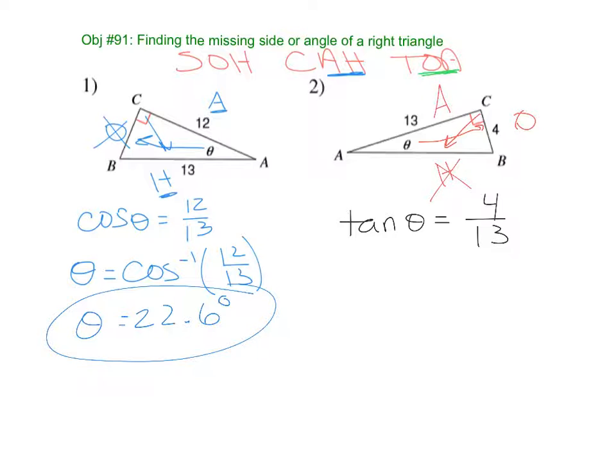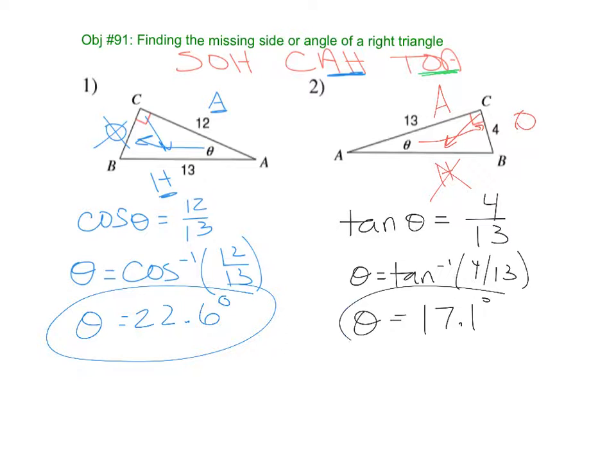Again, we're finding our angle, so we're going to use our inverse. Tan minus 1, 4 over 13. I'm going to plug that in the calculator, or you do this on Desmos. You can use the app. Second tan, 4 divided by 13, and I got 17.1 degrees. All right, so that is finding the angle.